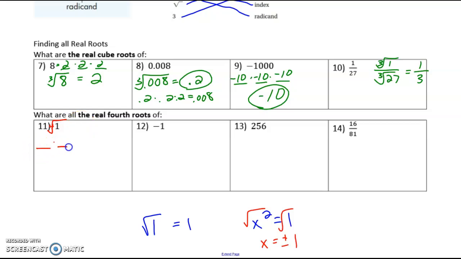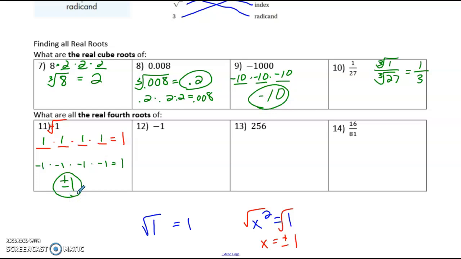So what numbers times itself 4 times will equal 1? It could be the number 1. But it could have also been the number negative 1. Because negative 1 times negative 1 is 1, times another negative 1 is negative 1, times one more negative 1 is 1. Okay, so that one would be plus or minus 1.